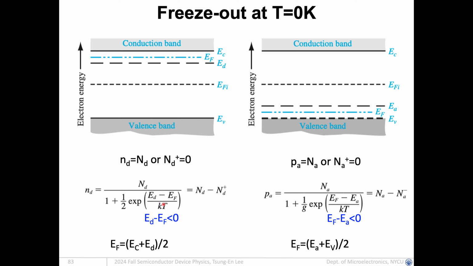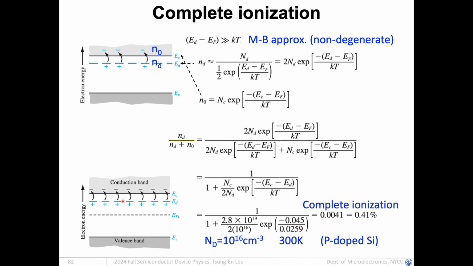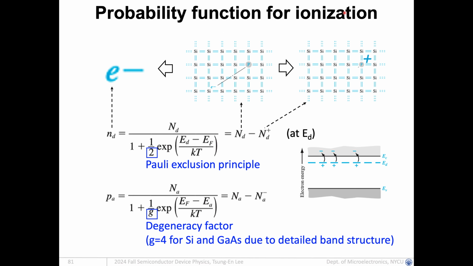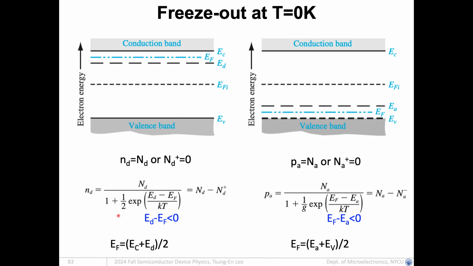And the probability function for ionization becomes this formula. Why does the Fermi level locate halfway between the conduction band and the donor level? It is because all of the electrons are frozen at the donor level.